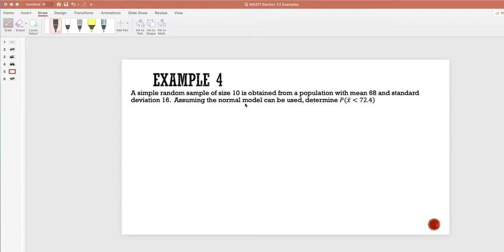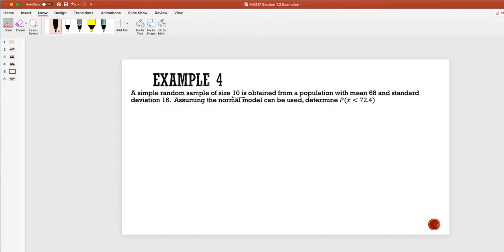A simple random sample of size 10 is obtained from a population with mean 68 and standard deviation of 16. Assuming the normal model can be used, we want to determine the probability of X bar being less than 72.4. It says this last sentence because of the sample size of 10, and we do not know the shape of the underlying population.